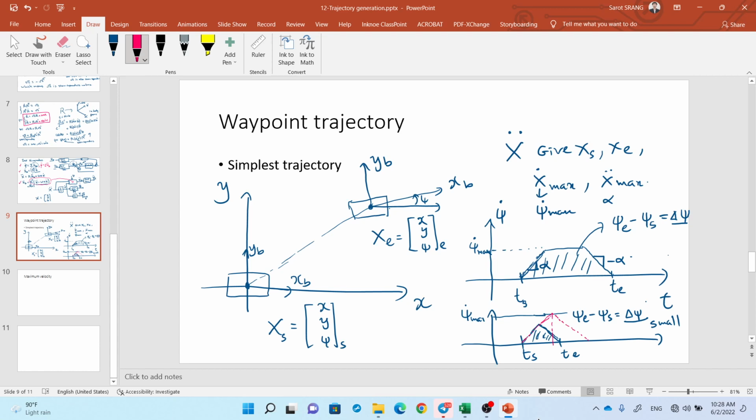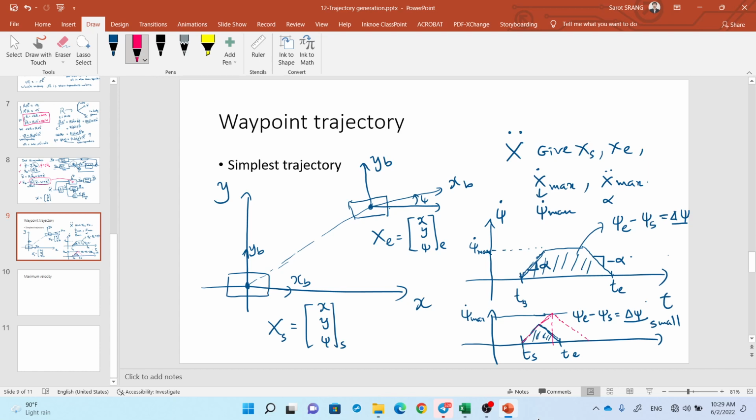This length here is TE minus T. We don't know TE. How do we find it? The information that we have now is that you know the slope and you know the maximum velocity, and the start, TS.